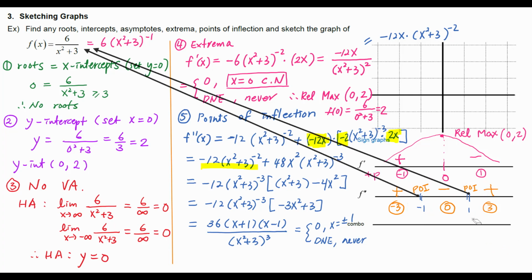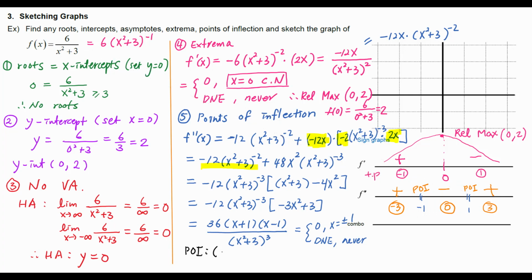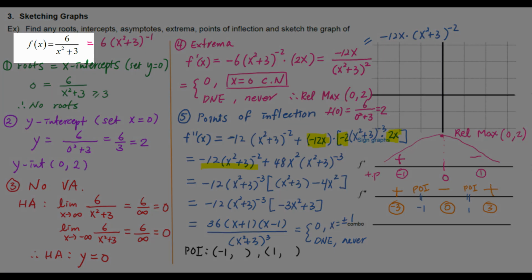And you can find those points by plugging these x values into the original function. So the 2 points of inflection are negative 1 comma f of negative 1 and 1 comma f of 1. Because our original function is 6 over the quantity x squared plus 3, whether I plug in positive 1 or negative 1, when you square it, we get the same y value.